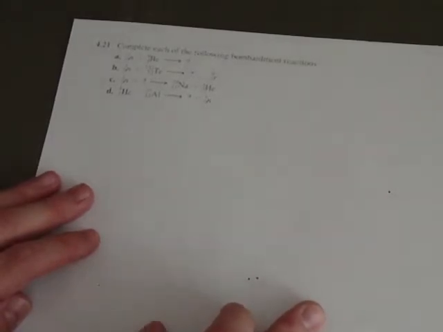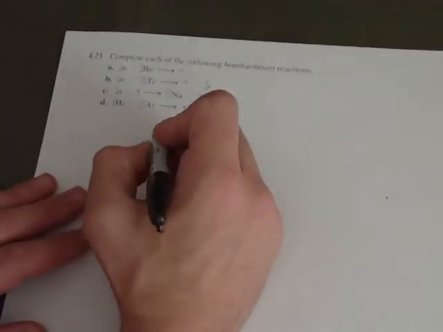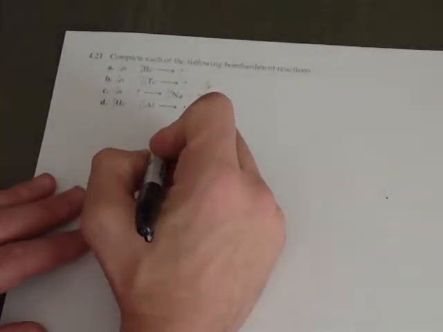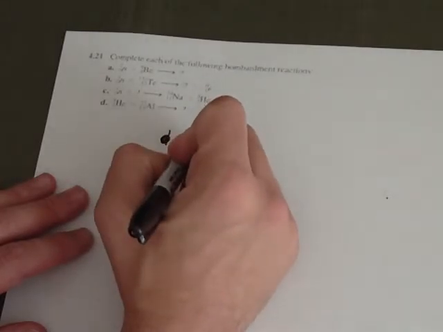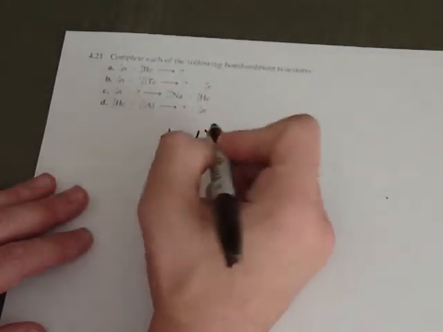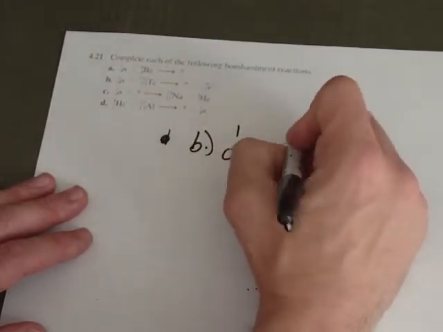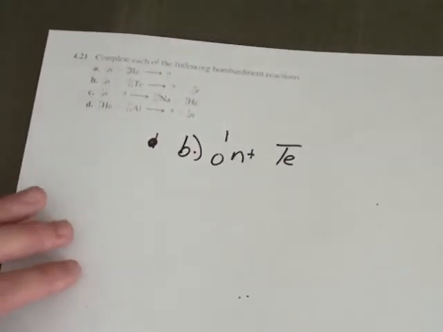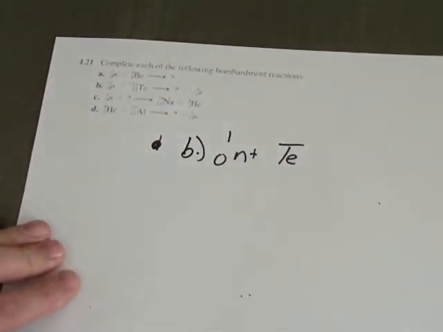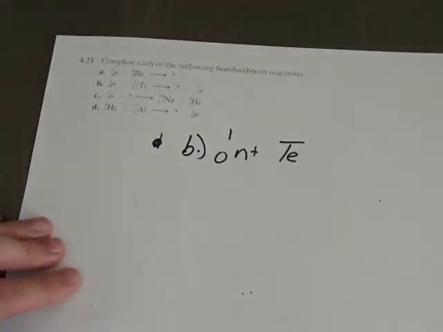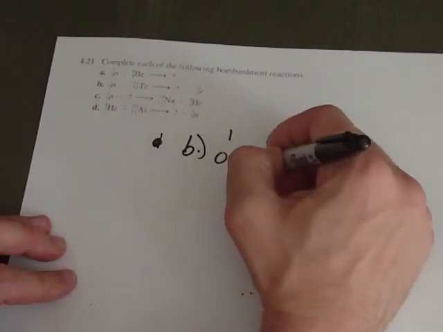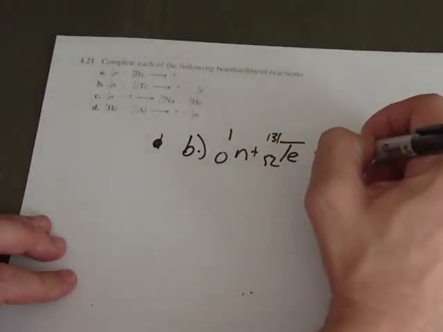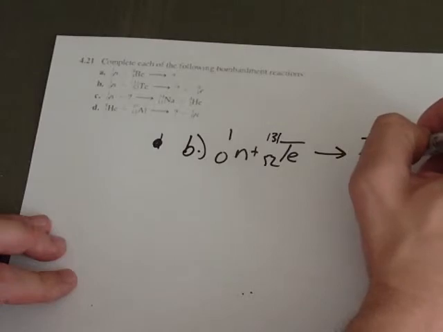And 21. It says complete each of the following bombardment reactions. We'll do B. So we have a neutron, 1, 0, plus a target nucleus, 131, 52, and then question mark, and then you are releasing a beta particle.